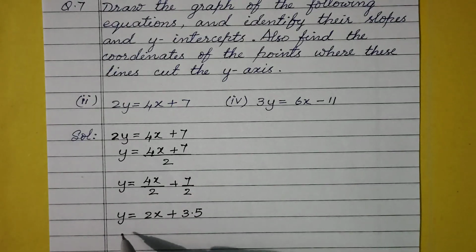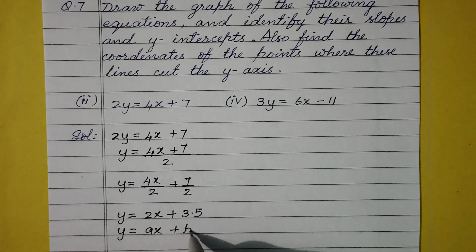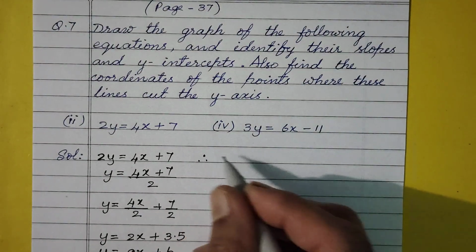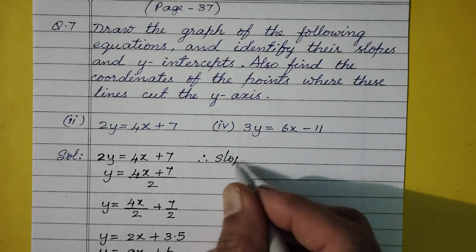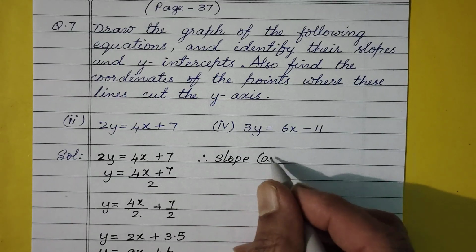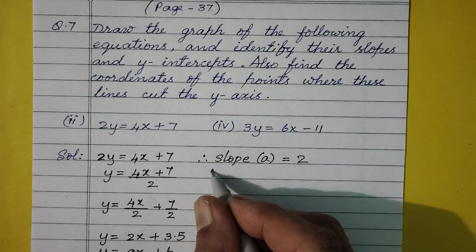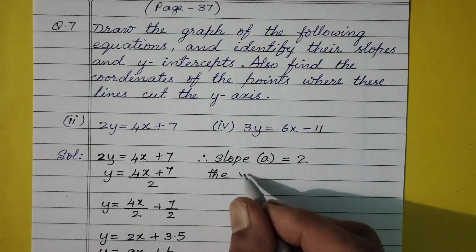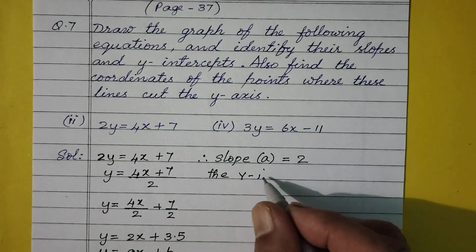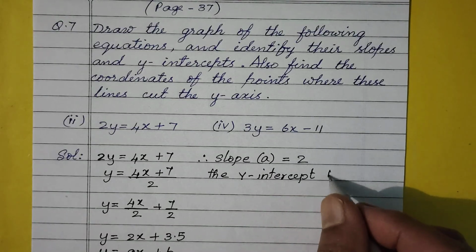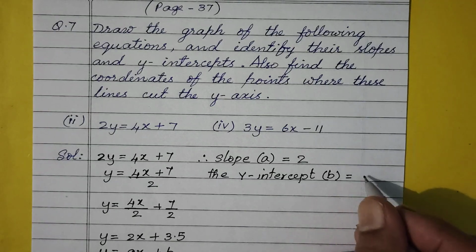So now when we compare it with the standard form, y is equal to ax plus b, a equal to 2, b equal to 3.5. Therefore the slope of the line, that is a, is equal to 2. The y-intercept, that is b, is equal to 3.5.